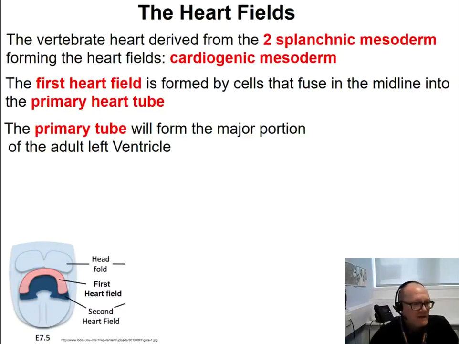So initially, we recognize in this cardiogenic mesoderm two regions, or if you want, two heart fields, the first and second heart field. And you can see them here in this cartoon. Now, the cells that will form the first heart field fuse together in the middle of the body, okay?